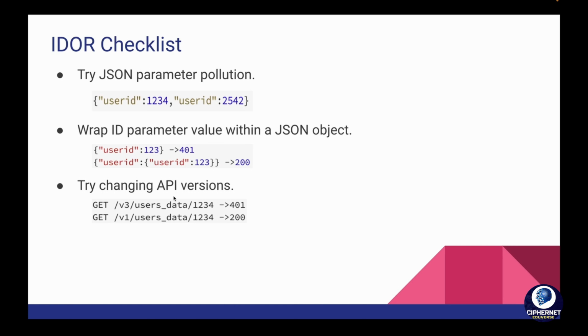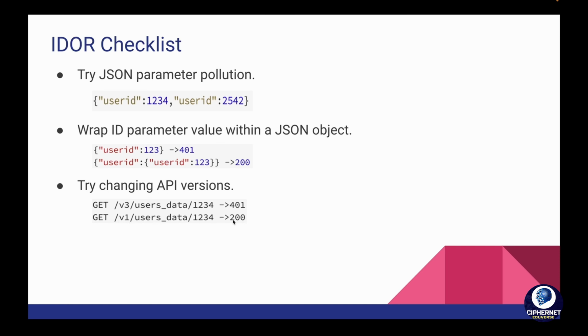And try changing API versions, which in most applications, in bug bounty or real-time applications, most of the endpoints basically use versions like v1, v2, v3, etc. So if the application is using the v3 version, try to change it to v1 and send the request to the server.